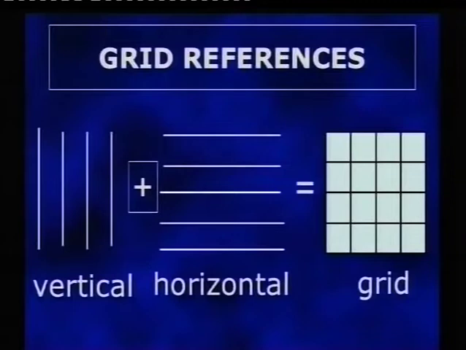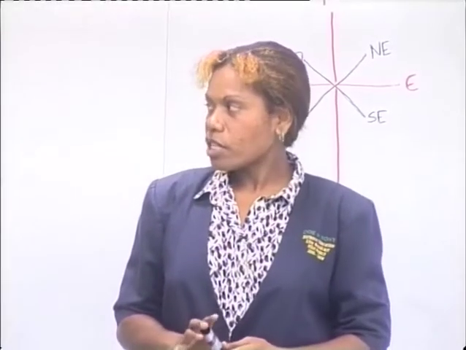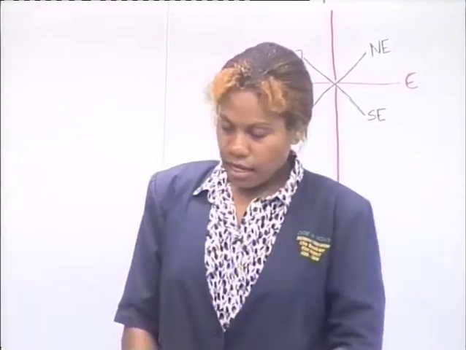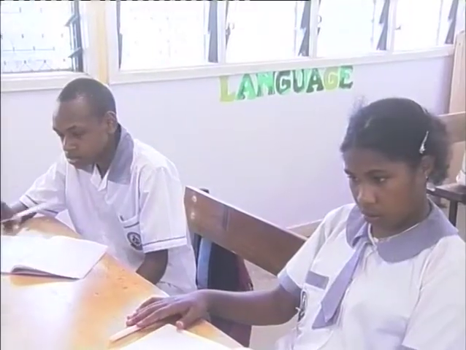Just quickly take note of that and we'll move on. When using grid lines, class 8Cs and receiving students, we can locate places on a map.